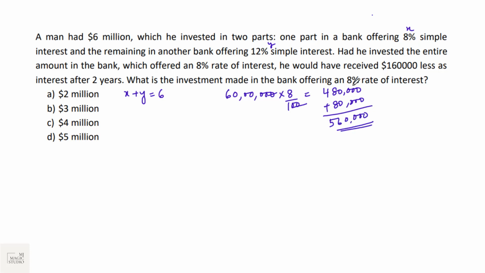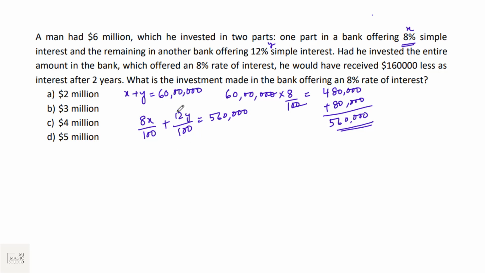So now the equation is 8% on x, that is 8x by 100, plus y invested at 12, 12y by 100 is equal to 5,60,000, and x plus y is equal to 60 lakhs.